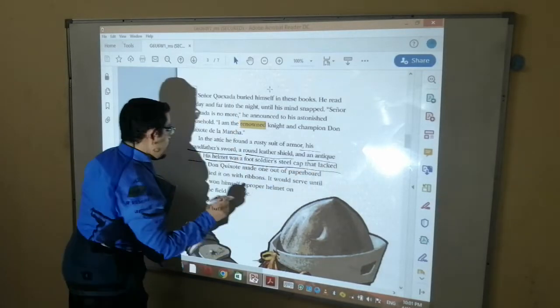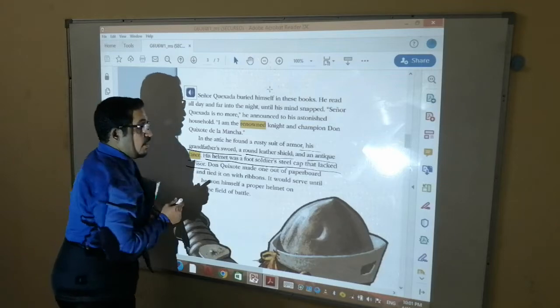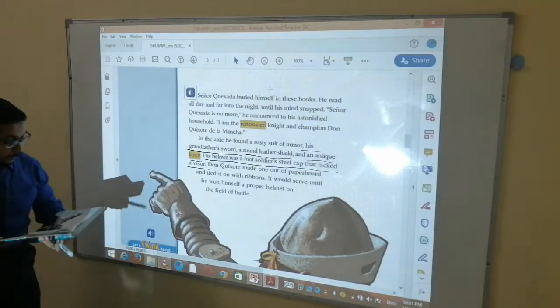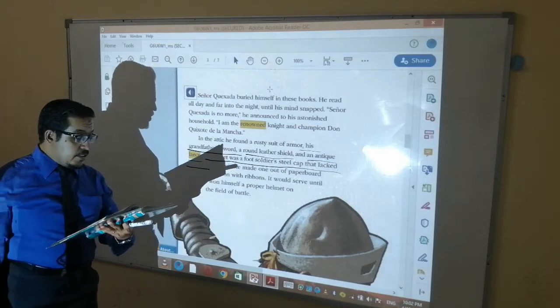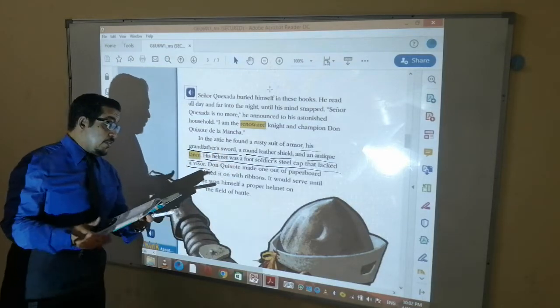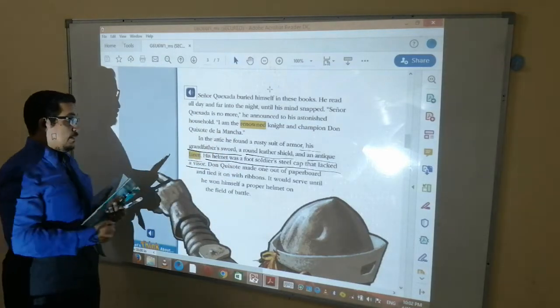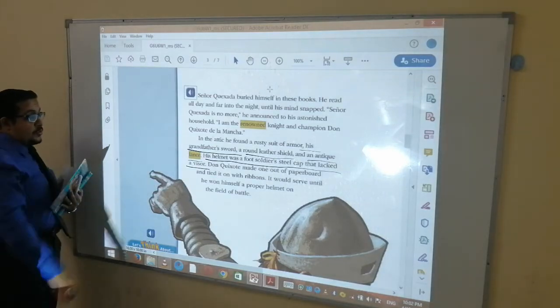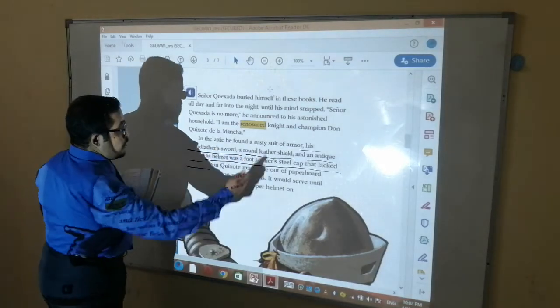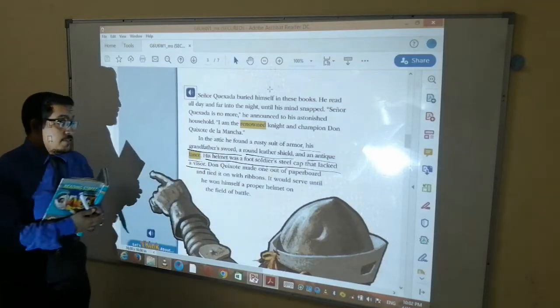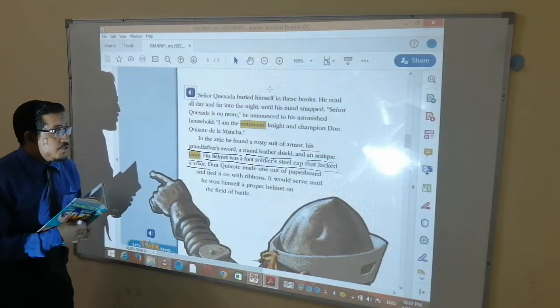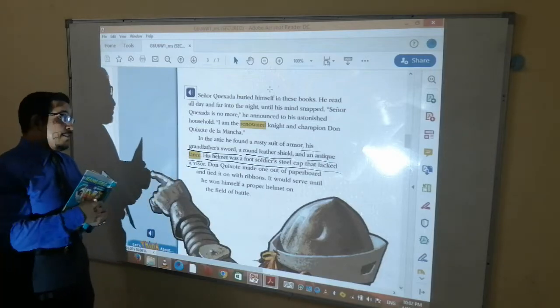So we can apply this to this paragraph. And if I ask a question here, what are the things that Don Quixote prepared to look like a hero? As we said, his grandfather's sword, a round leather shield, and an antique lance. His helmet was a foot soldier's steel cap that lacked a visor.